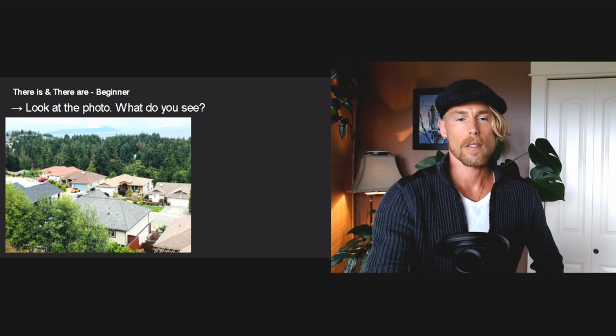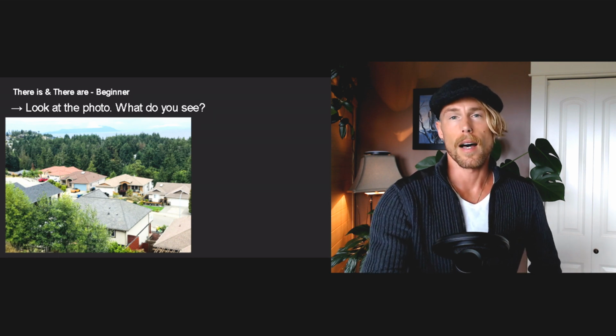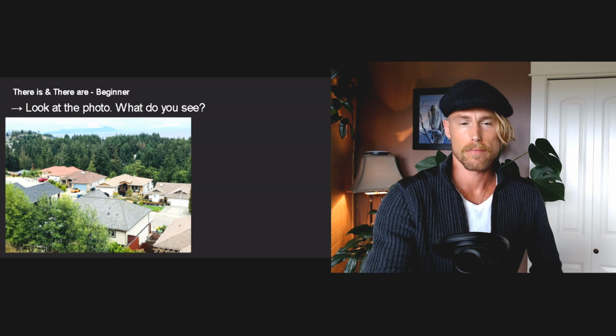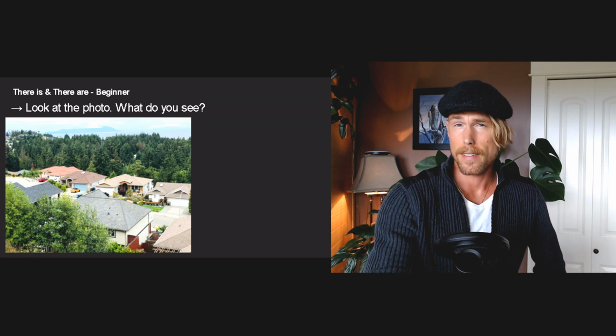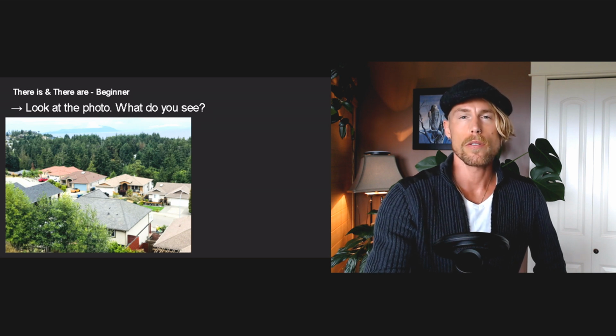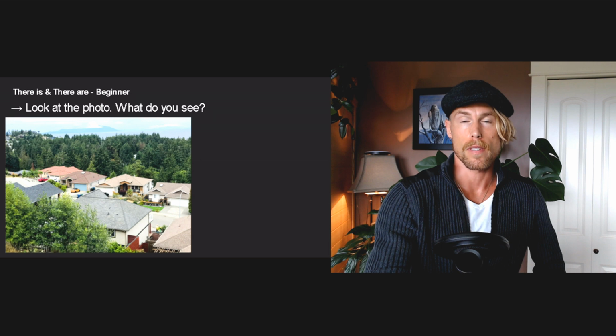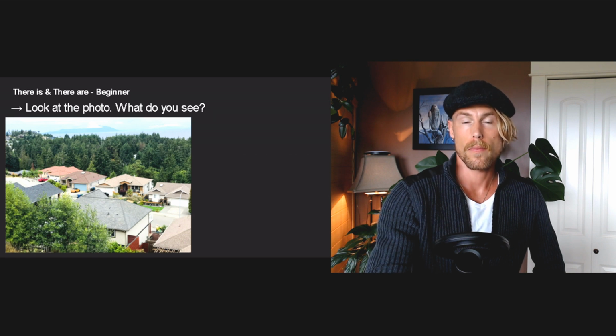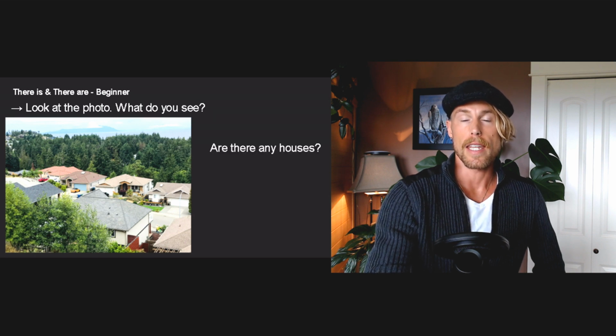Okay, let's do a short activity or quiz, maybe. Look at the photo. What do you see in the photo? Think of the nouns that you see in the photo. I have some questions for you. Number 1, are there any houses?